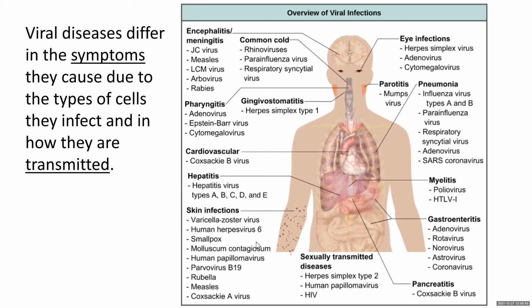There are other types of viruses that can infect skin cells, right? So we will see the presence of them as an infection of the skin, all right? And we can have particular viruses that cause a variety of different symptoms because they can infect a whole bunch of different types of cells.